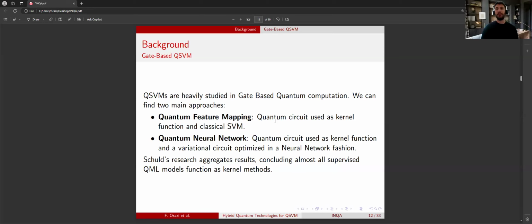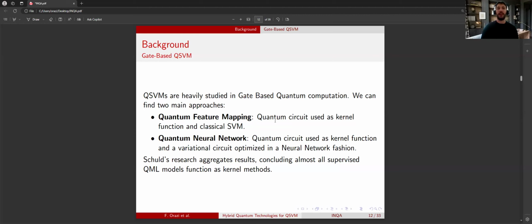Or we have the quantum neural network. These are quantum circuits that use quantum feature mapping to map classical data, and then use a variational circuit that is optimized not like a support vector machine would be, but much like a neural network would be, with a loss function and an optimizer that might also be gradient based.